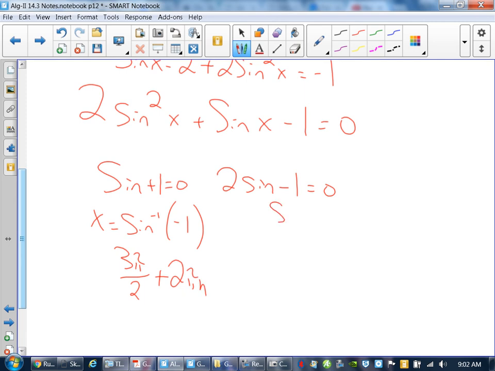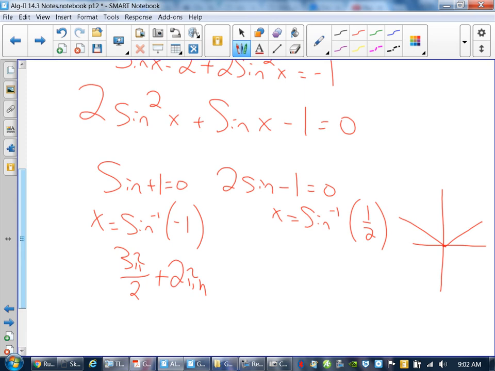And then here, what angle has a sine of 1/2? We did that as pi over 6 and 5 pi over 6. Visually, to get from pi over 6 to 5 pi over 6 is not the same as coming back around.